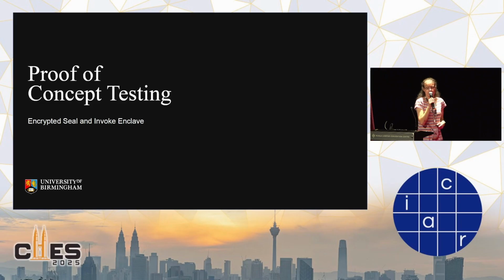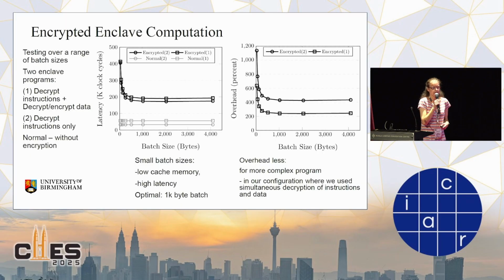So now I'm going to talk a little bit about the results from our proof of concept testing. There are a number of results in the paper, but I'm just highlighting two here. We've got two graphs based on the latency and overhead of the encrypted enclave computation. And we tested this over a range of batch sizes.